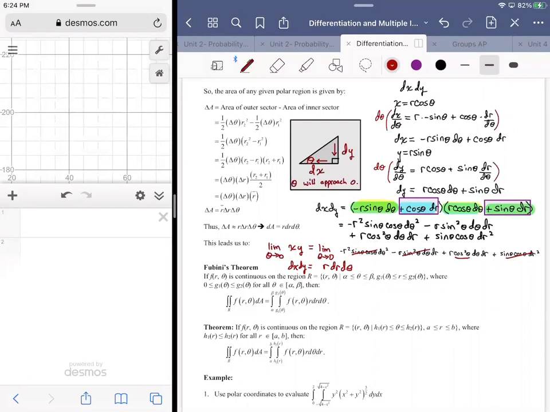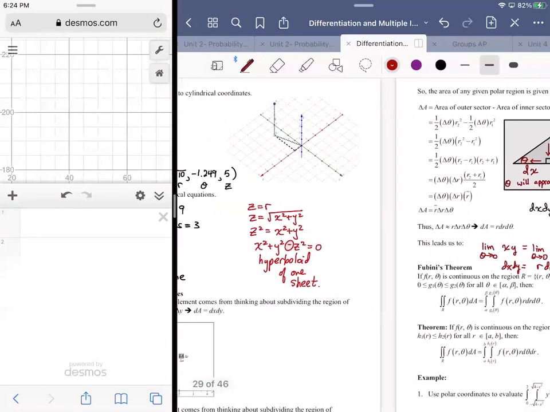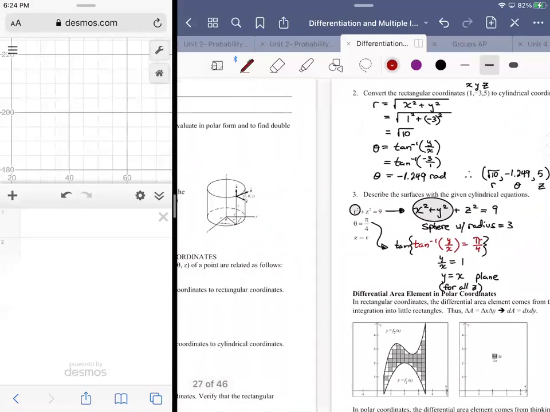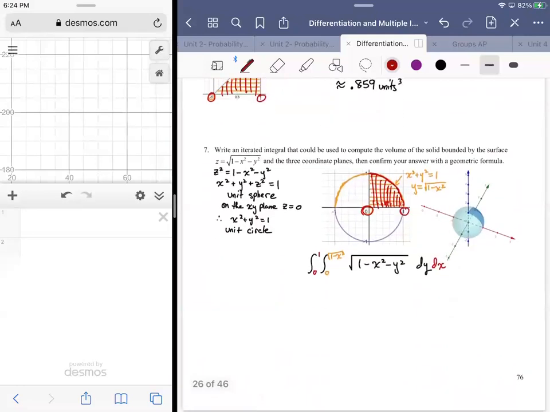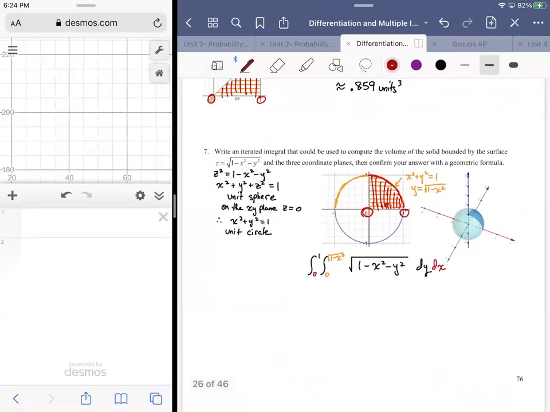I believe it's on the previous page, maybe 2 or 3 pages ago. Yeah, on page 76.